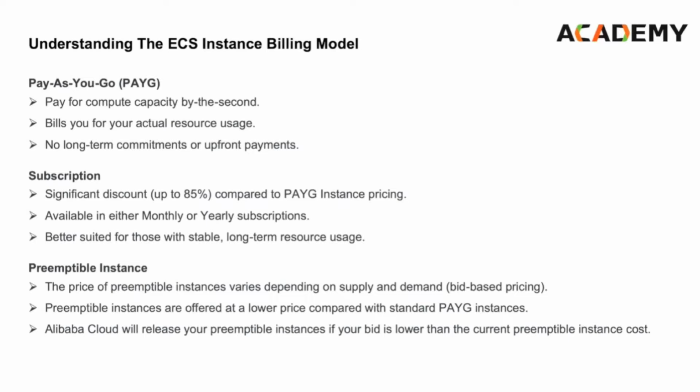And then we have the preemptible instance. The price of the preemptible instances varies depending on supply and demand. That is the bid-based pricing. The preemptible instances are offered at a lower price when compared to the pay-G instances.